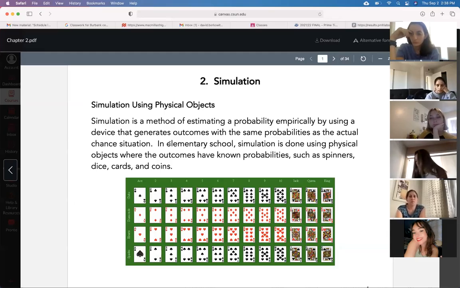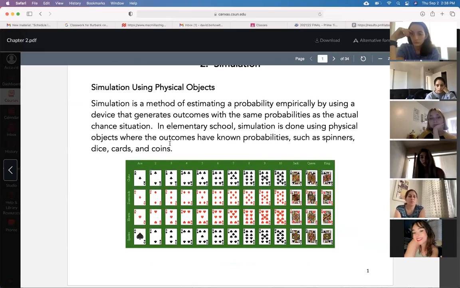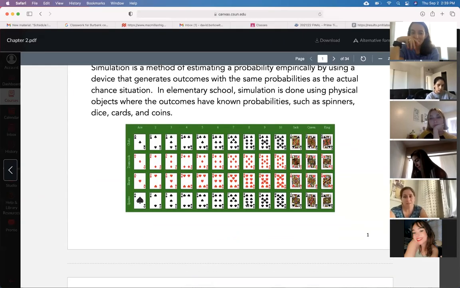Spinners, dice, cards, coins. Okay, and so here we have a deck of cards. There are 52 cards in a deck, 4 suits of 13 denominations, ace through king. I know it seems obvious, but not everyone knows that.